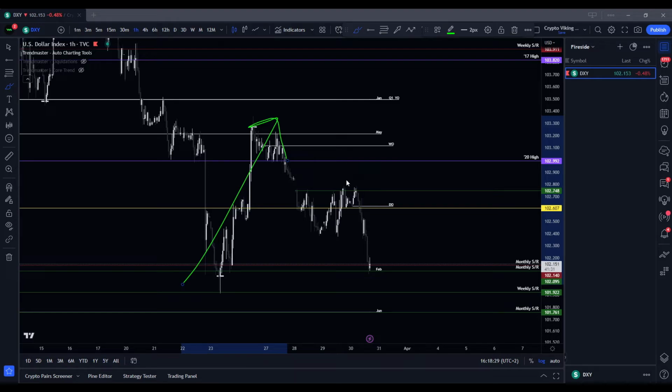You have the euro, the pound, the Canadian dollar, the Swedish crown, the Swiss franc, and the yen. So it basically tracks the US dollar against the 6 foreign currencies, and the idea is that you're getting an indication of the value of the US dollar in global markets.